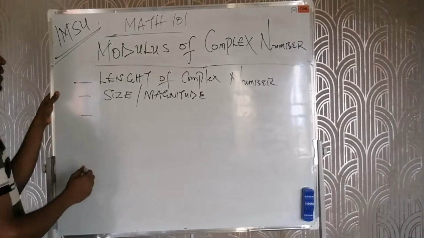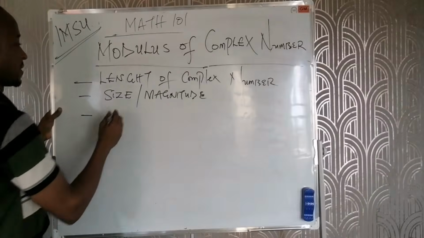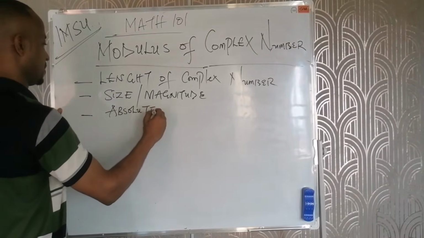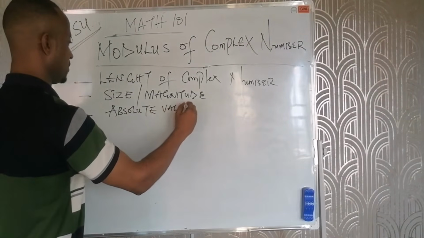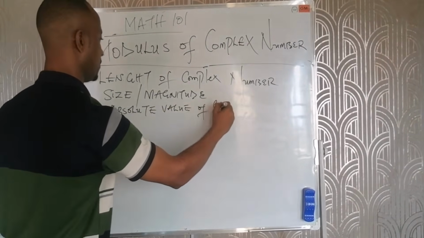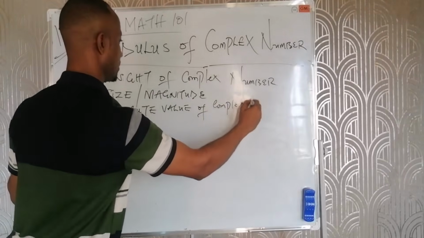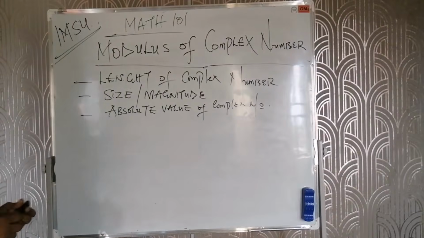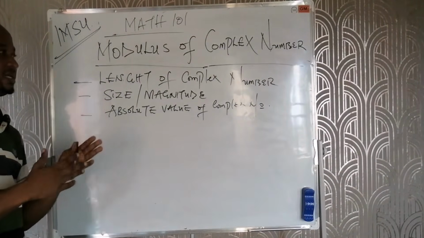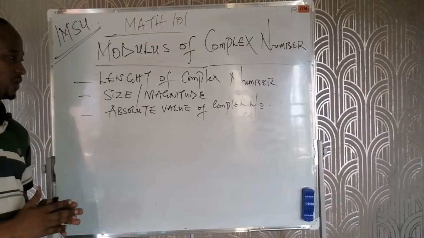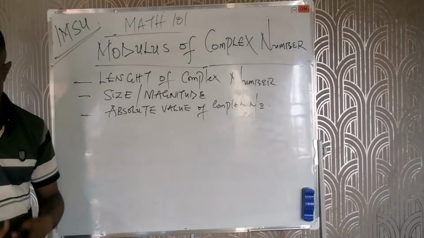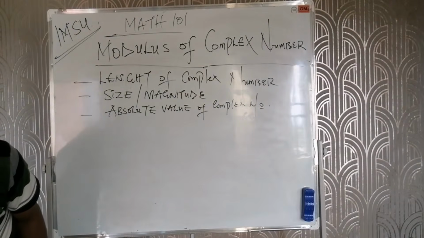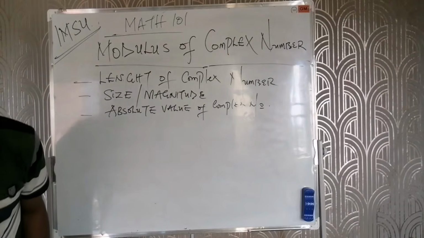It also means the word absolute value of a complex number. Either it means the length, the size, the magnitude, or it means absolute what? Value of a complex number. All right. So it has a variety of meanings.